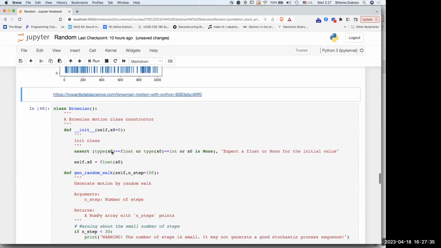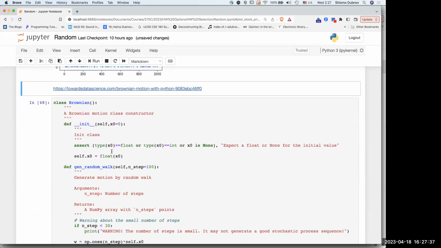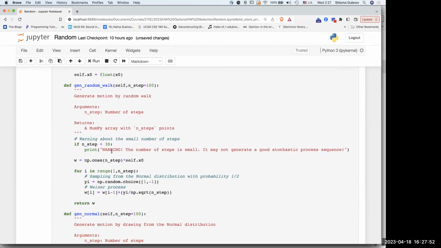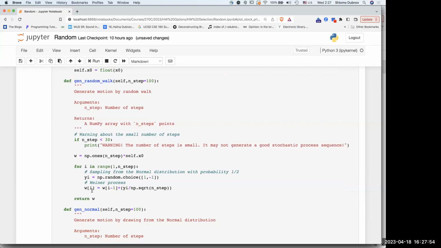Now let's move on a little bit to processes. The basic type of process is the so-called Brownian motion. Brownian motion is a random walk. What the random walk does is take a small increment and move up and down by this step y.